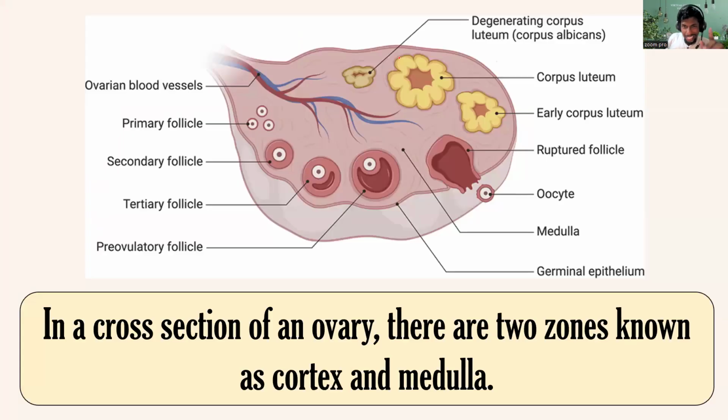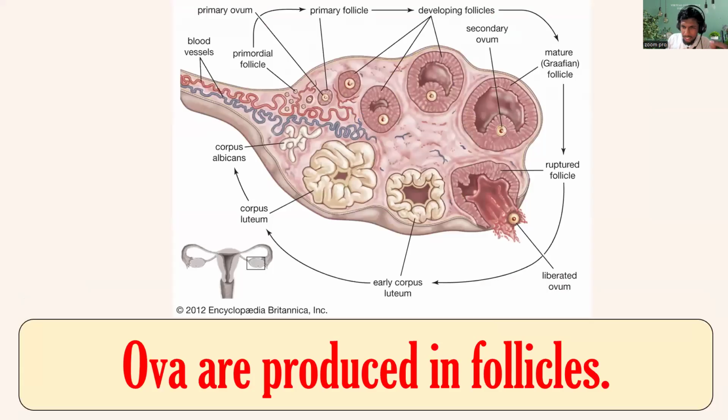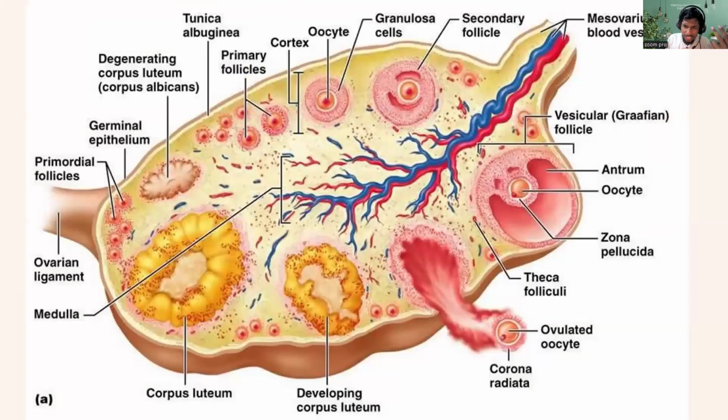Okay. And in the cross section of the ovary, there are follicles. There are three stages of the follicle: primary follicle, Graafian follicle, and corpus luteum. If you know the names and the stages, you can answer the question very easily, right?